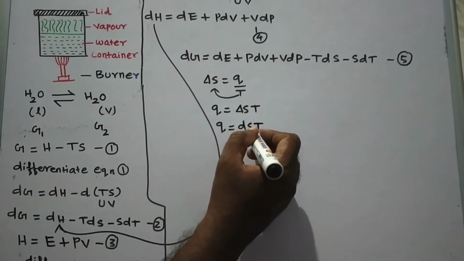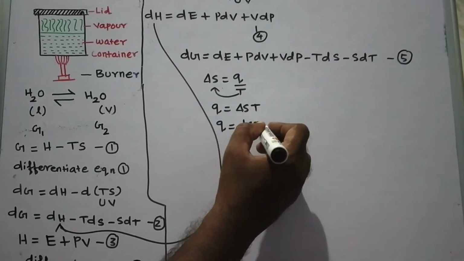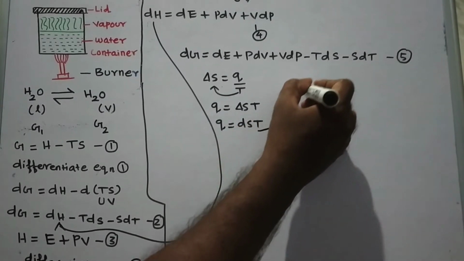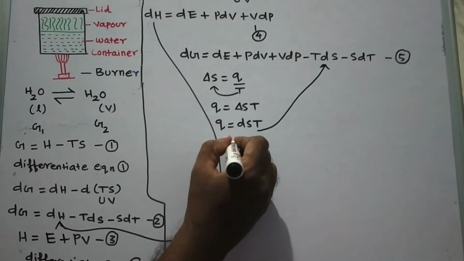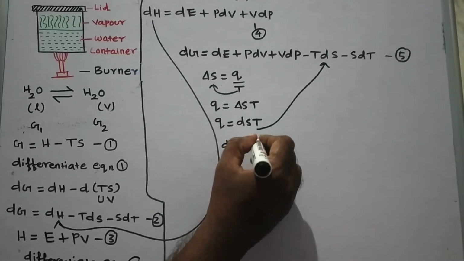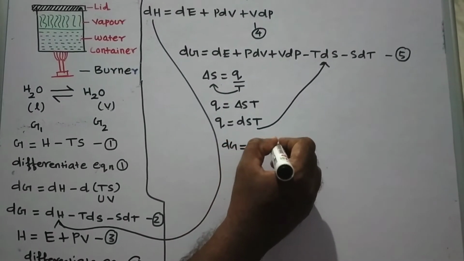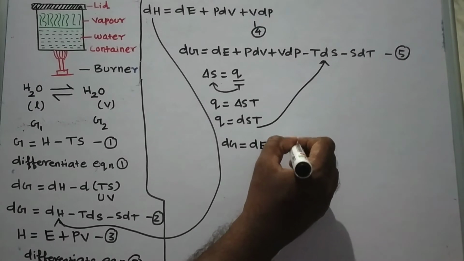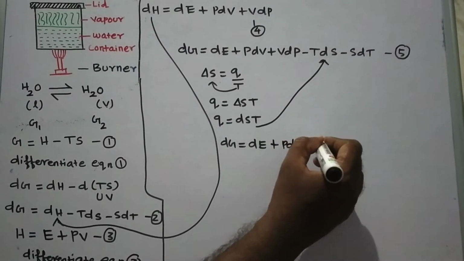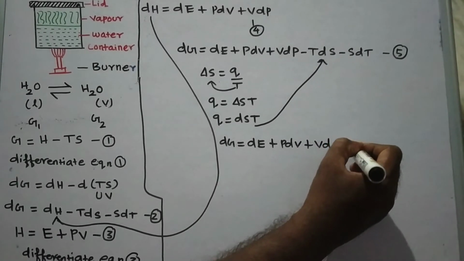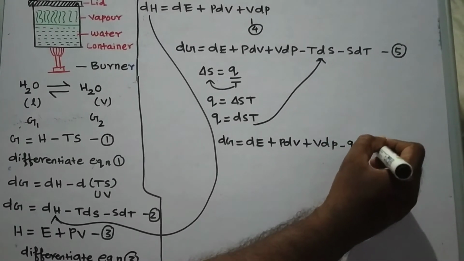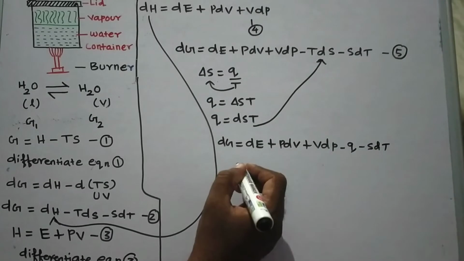Now substitute this value in the equation here. So it becomes dG is equal to dE plus P dV plus V dP minus Q minus S dT.